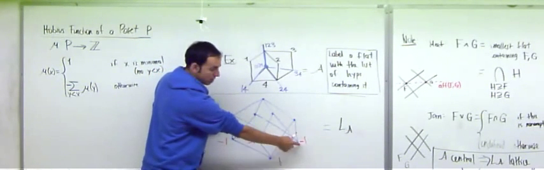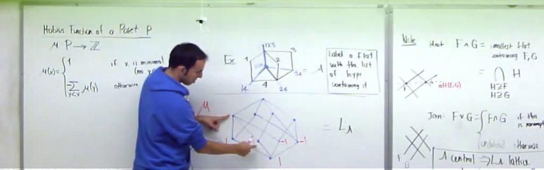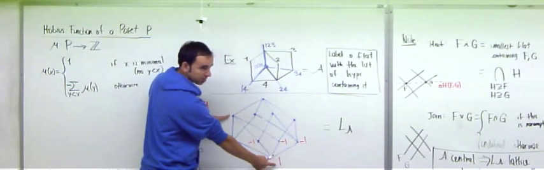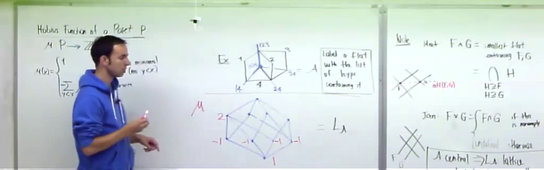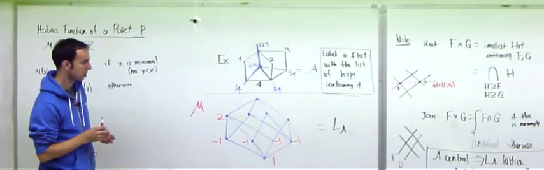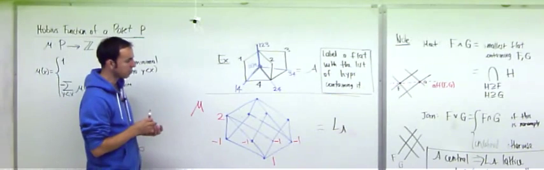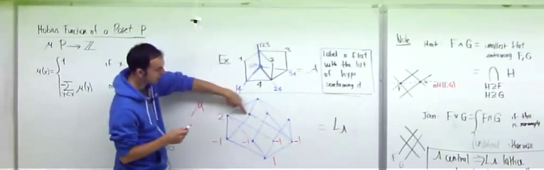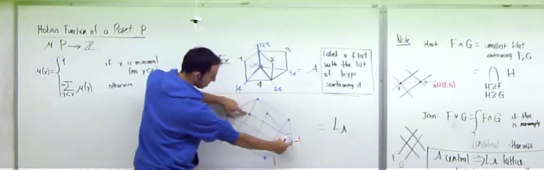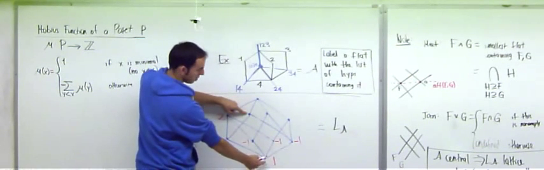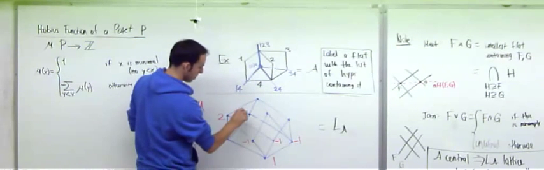So I add up these numbers: -1, -2, -3, -2, and I switch the sign, so I get a 2. Okay. And I do that for each one of these guys. So for example, for this one, the ones less than it are this -1, this -1, and this 1. So they add up to -1, so I get a 1.